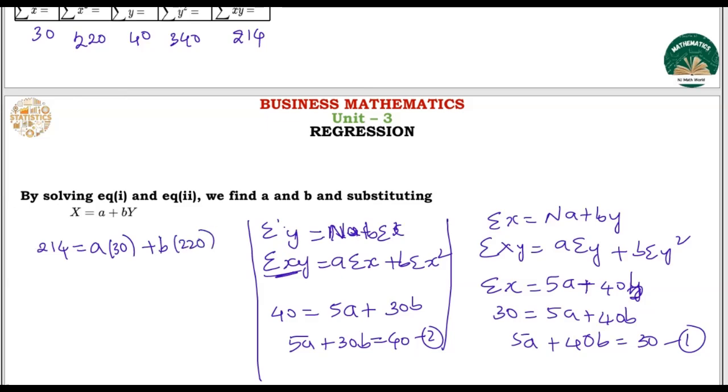So 214 equals 30a plus 220b. You can call this equation 3.